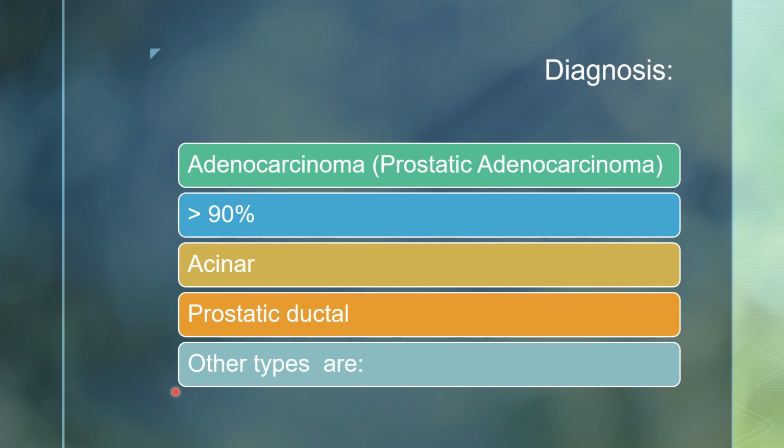Then the other type could be neuroendocrine tumors, like small cell carcinoma. So it's good we have been able to look at this so that we will get the entire picture of why diagnosing prostate cancer seems to be a little bit cumbersome.